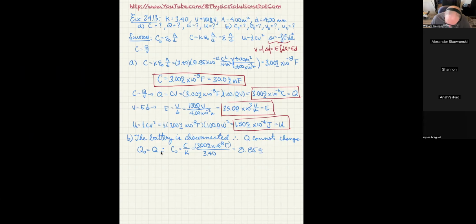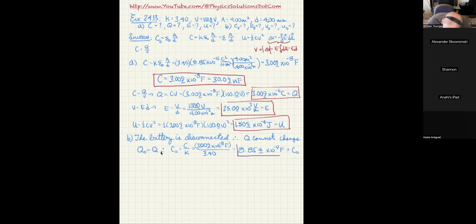But I'm just trying to show you that it is instructive to carry one extra sig fig. So this is 8.85 times 10 to the negative ninth farads is equal to C0.